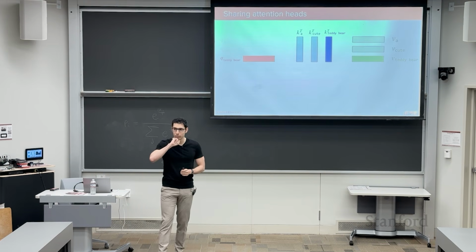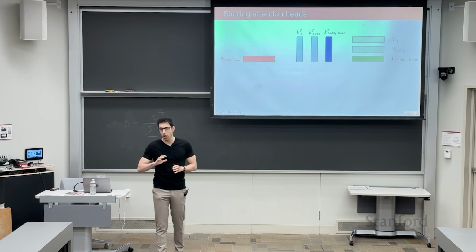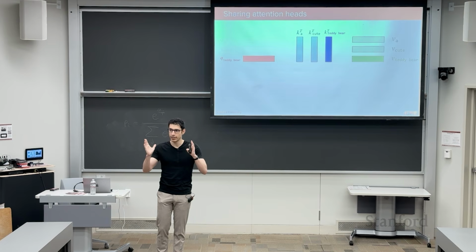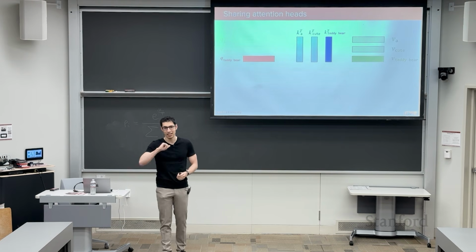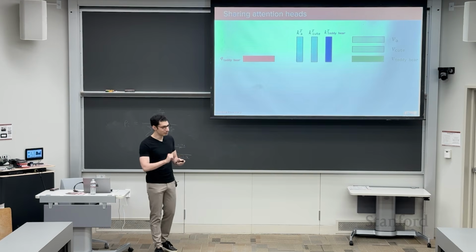So just to recap, I'm operating in the context of multi-head attention, where you have your H heads. So you have H query projections, H key projections, H value projections. Is there any technique from last week that we could reuse that could reduce this number? Yeah, group query attention. Exactly.